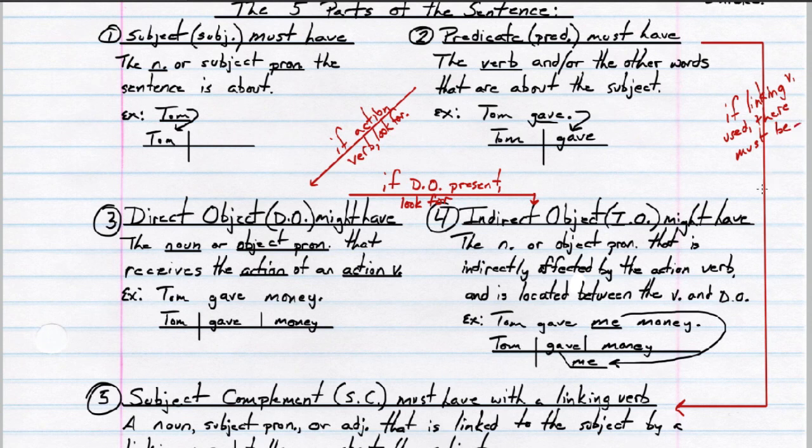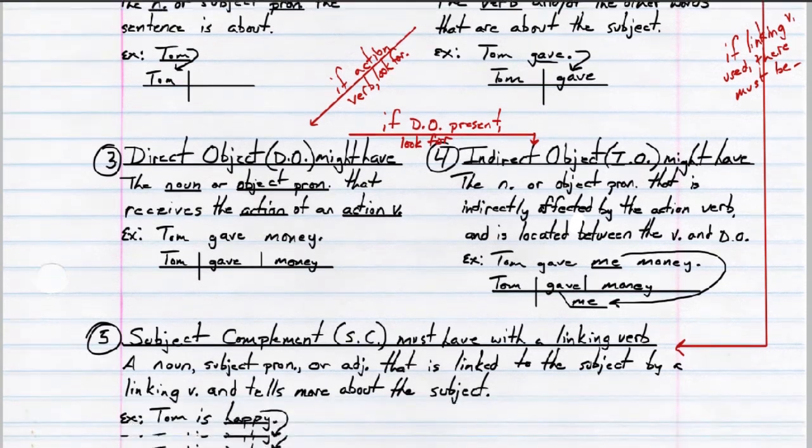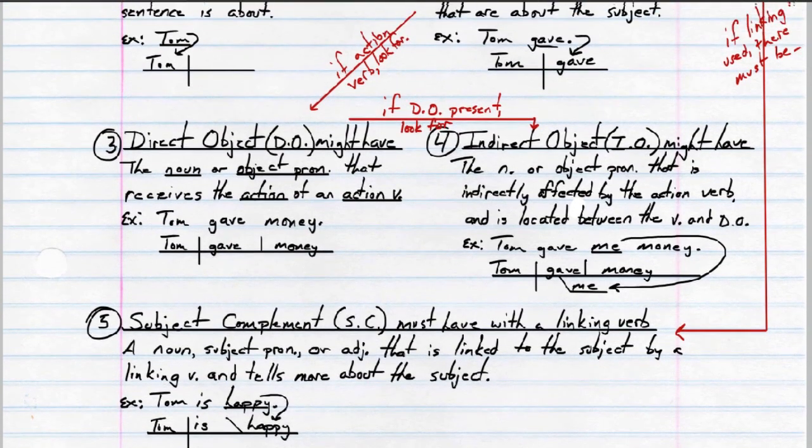I follow the arrow down. What must there be? There must be a subject complement.